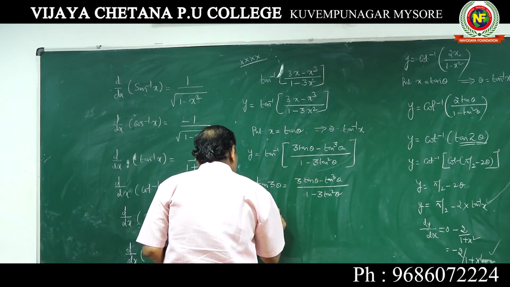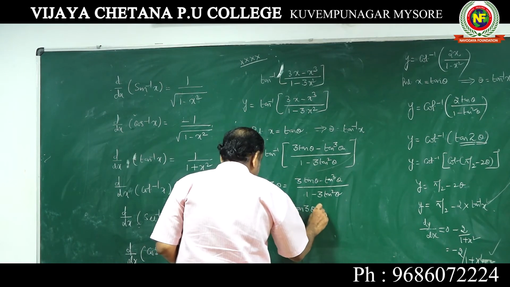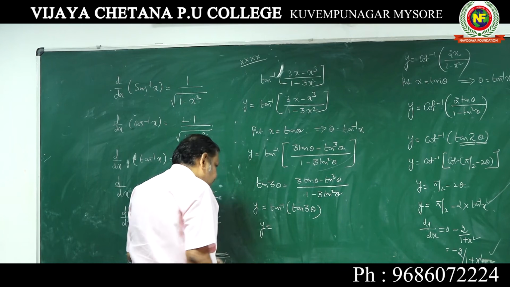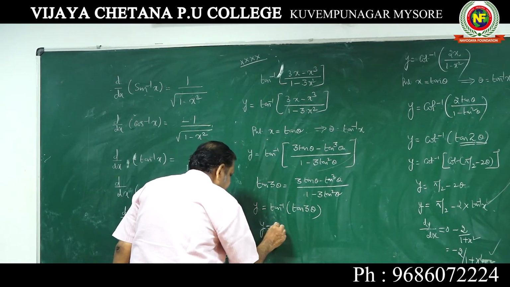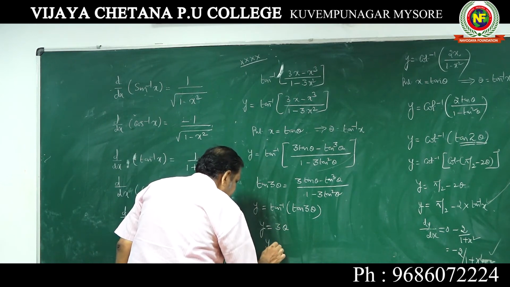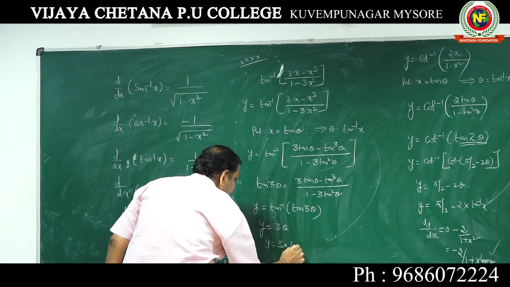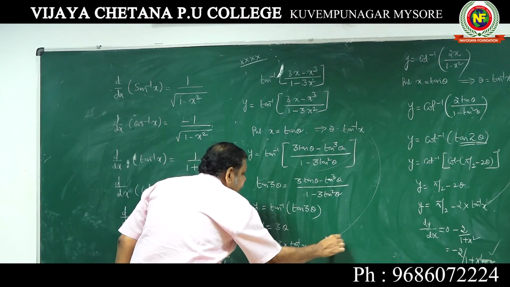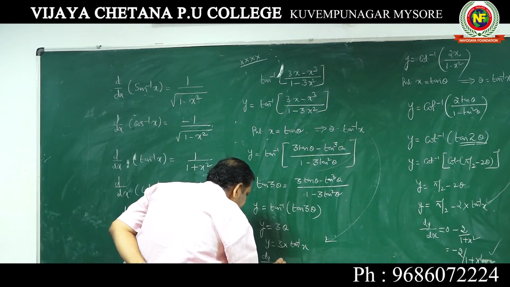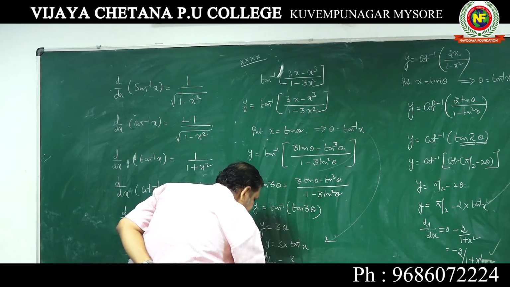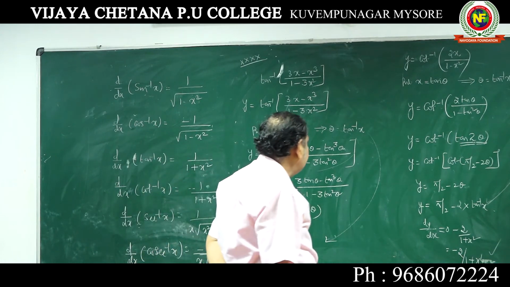y is equal to tan inverse of tan 3 theta. Tan inverse of tan x is x, so y is equal to 3 theta, or y is equal to 3 into theta. Theta is nothing but tan inverse x, so differentiating, dy by dx is equal to 3 over 1 plus x square.